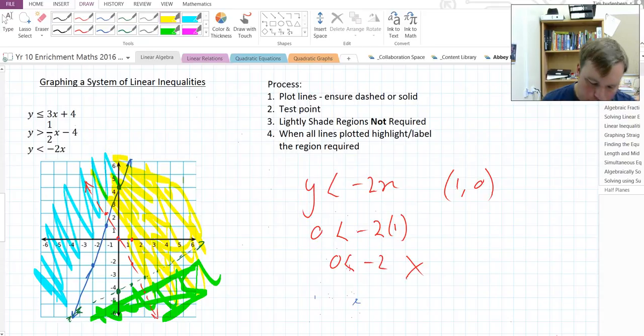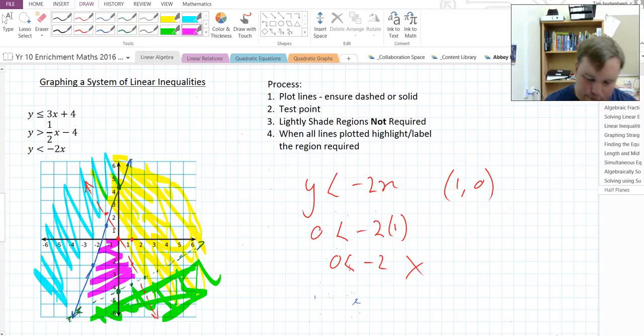Now, what you may notice is that those three inequalities have enclosed a space. Because remember, we're shading the region we don't want. That means blank regions are ones we do want. The only blank region left is this one in here in purple.